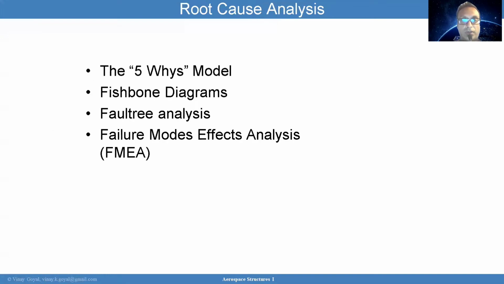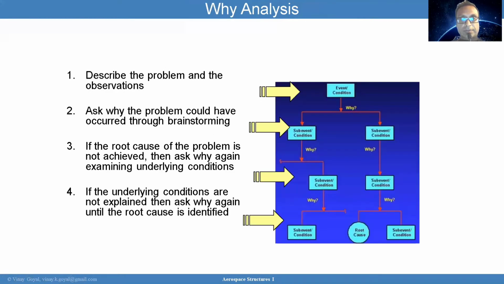So root cause analysis, there's a few ways to go about this. One method is the 5 whys model. You can also proceed with fishbone diagrams, fault tree analysis, and failure modes and effects analysis. So the 5 whys analysis, the idea there is to describe the problem and observations. And once you describe the problem and observations, you want to ask yourself why the problem could have occurred through brainstorming.